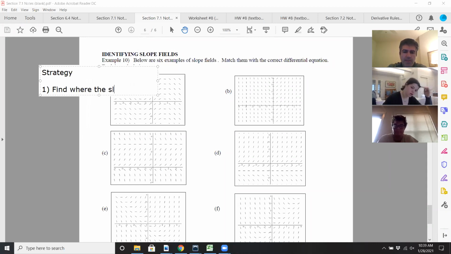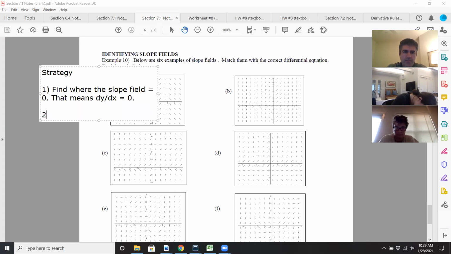Find where the slope field equals 0. That means dy over dx equals 0. Find where the slope field is positive. That means dy over dx is positive.